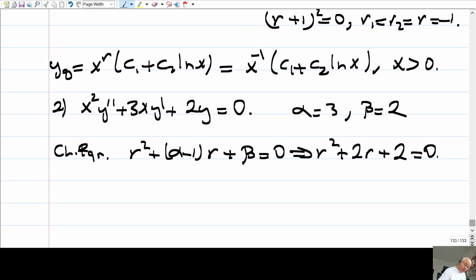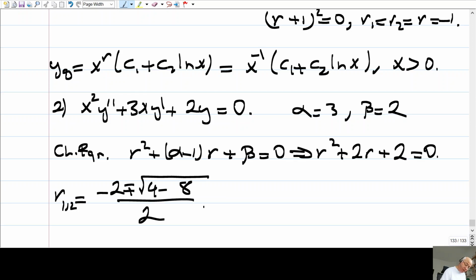Well, this gives us r1,2 equals minus 2 plus or minus the square root of 4 minus 4 times 2, which is 8, divided by 2. So it is minus 1 plus or minus i. So lambda equals minus 1 and mu is 1.